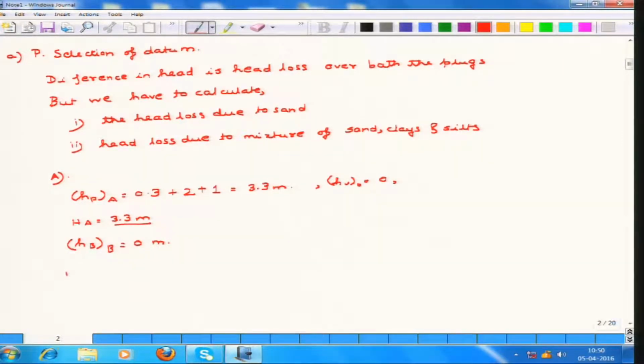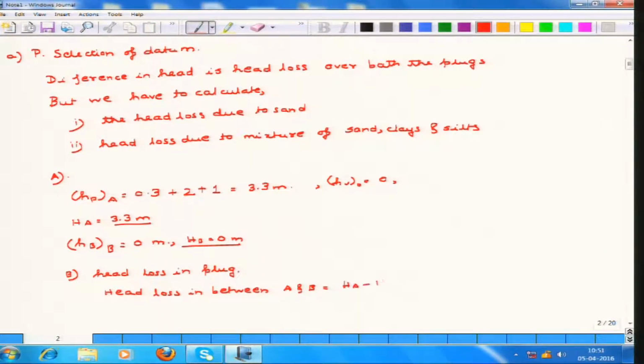Now, the head loss in each plug has to be determined. First we have to find out the head loss between A and B. So this is the modulus of HA minus HB, which is equivalent to 3.3 meter.